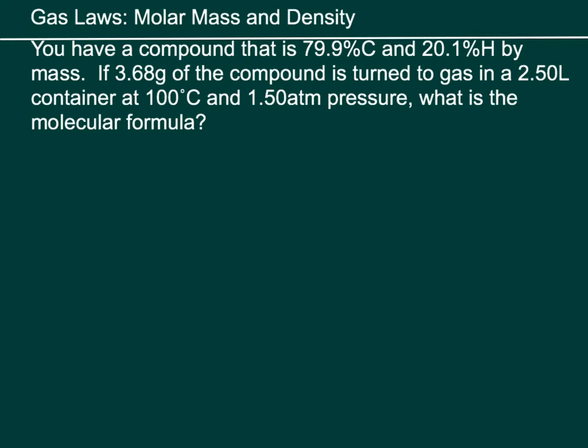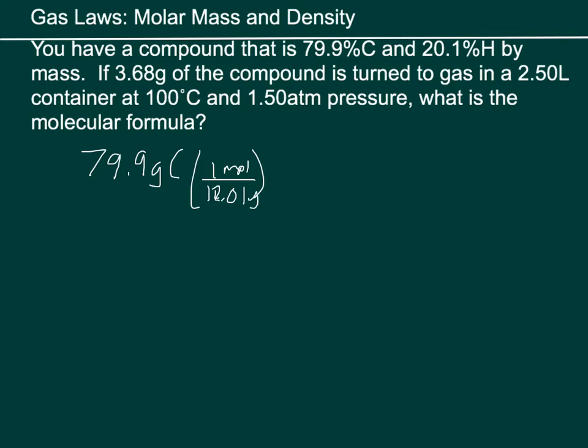So the first thing we're going to do is take our 79.9% carbon, 20.1% hydrogen, and assume 100 grams, so we have 79.9 grams of carbon. We're going to convert that. 1 mole of carbon weighs 12.01 grams.